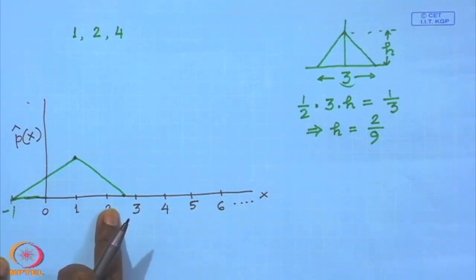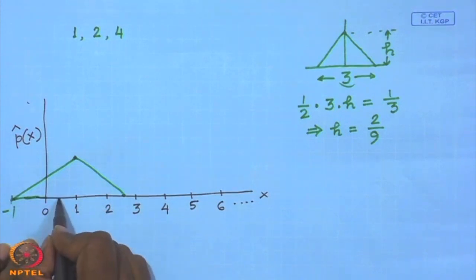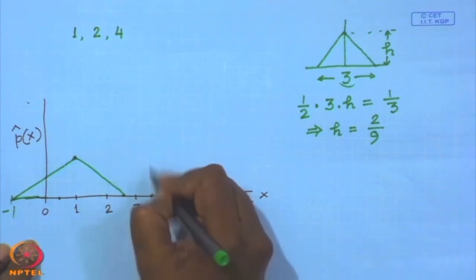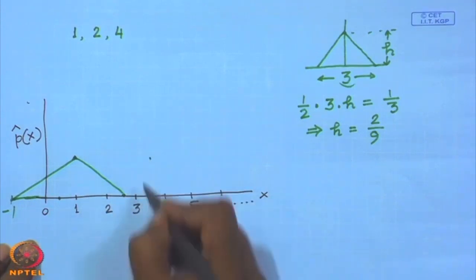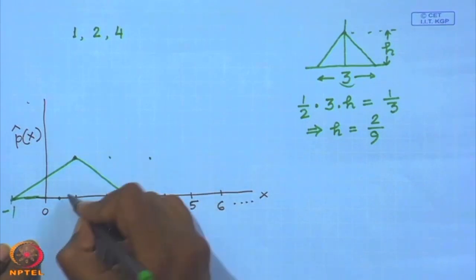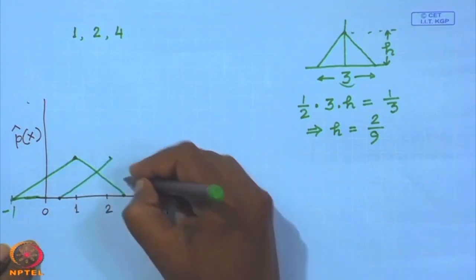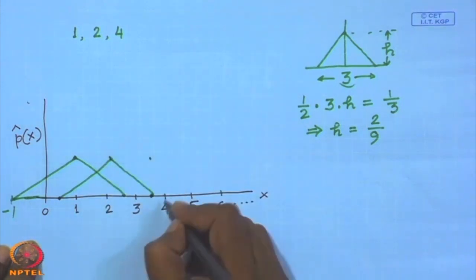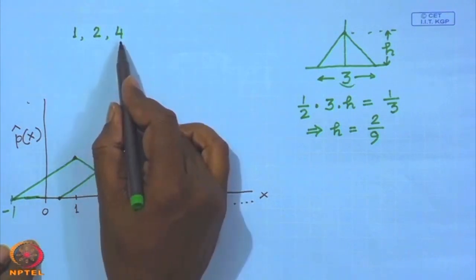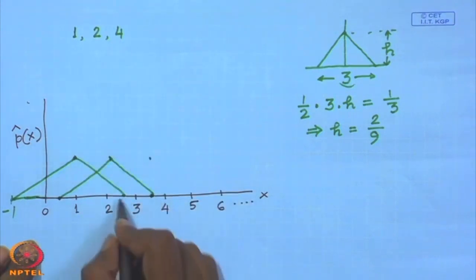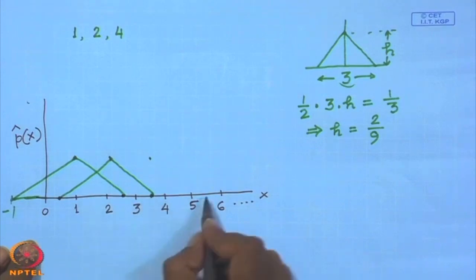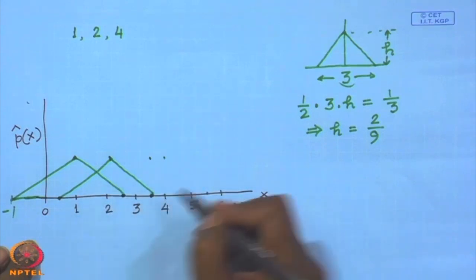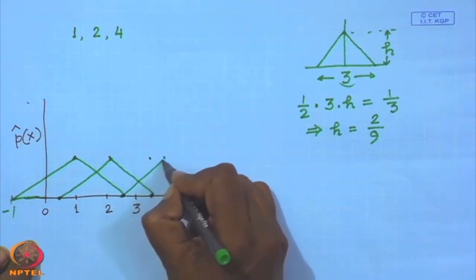Similarly, the triangular window placed at location 2 will span from 0.5 to 3.5. And I place one window at location 4 because I have a sample at location 4, and this window will span from 2.5 to 5.5. So, it will be like this.